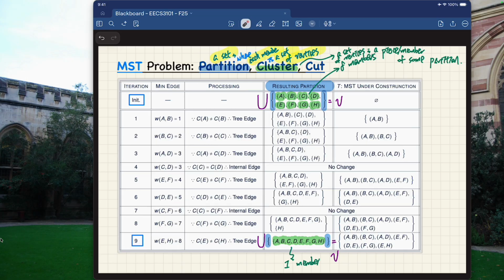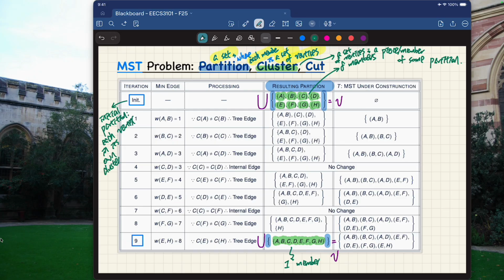Okay, so let's now write down some observations here. This will be the initial configuration before any iteration. In the initial partition, each vertex is in its own cluster.